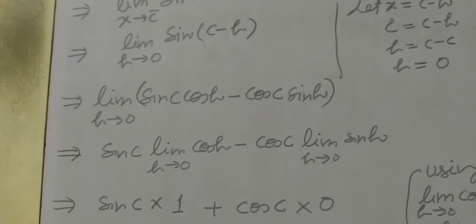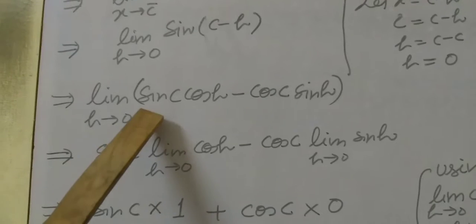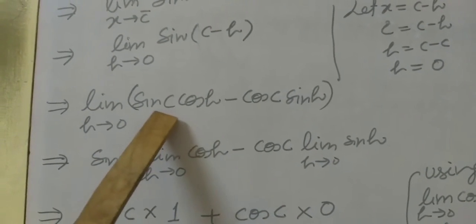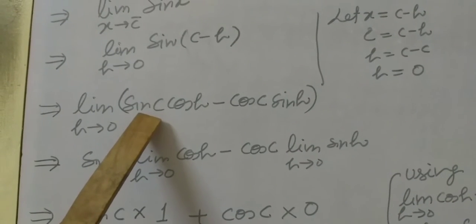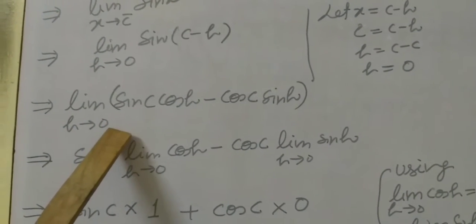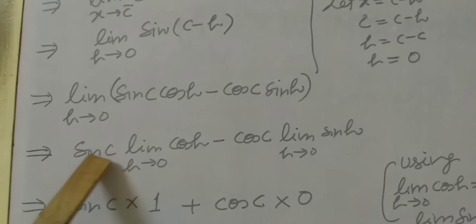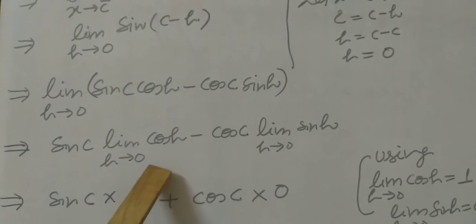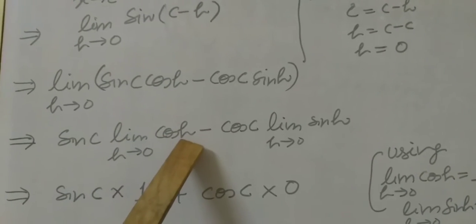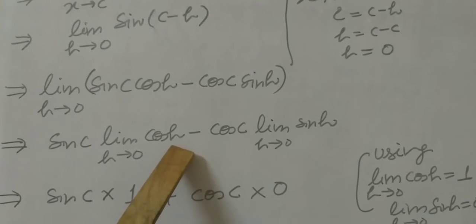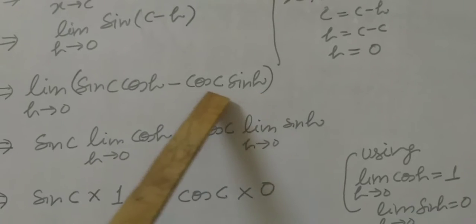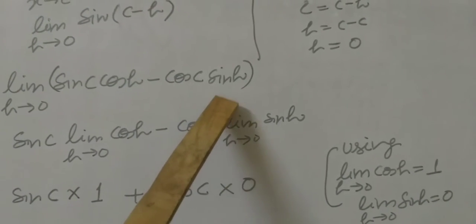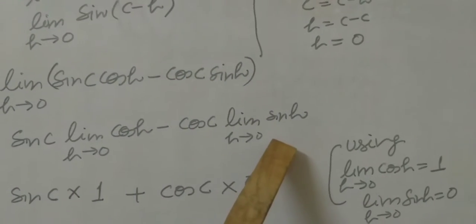Now students, there will be no effect of the limit on sin c because there is no h. The limit as h tends to 0 is given. So we can write sin c outside, and the limit will be given to cos, limit as h tends to 0 of cos h, because h is there in cos. Similarly, we write minus cos c as it is, and the limit goes with sin h.